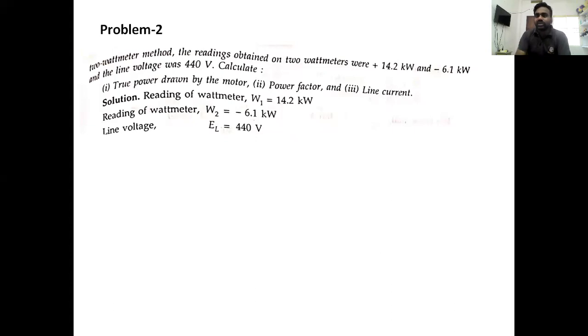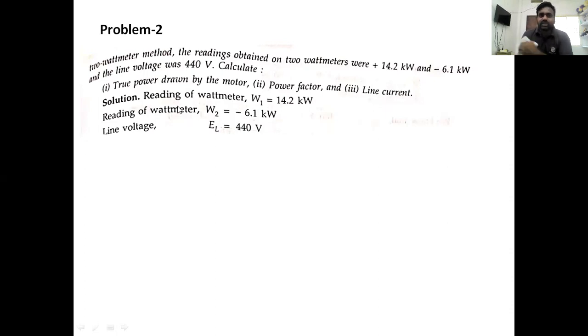So here we have three calculations. The reading of wattmeter 1, W1, is equal to 14.2 kilowatts. We already got it from the problem. W2 is equal to minus 6.1 kilowatts, and the line voltage is equal to 440 volts.